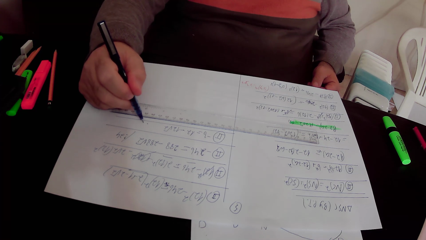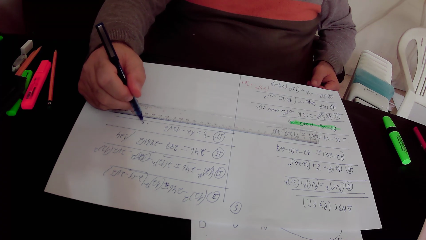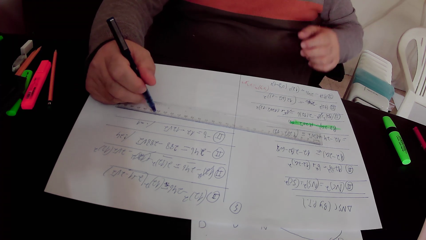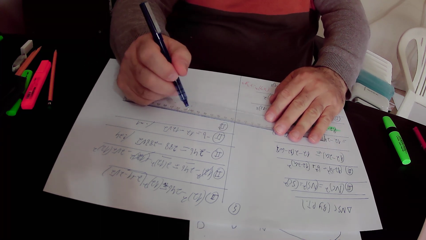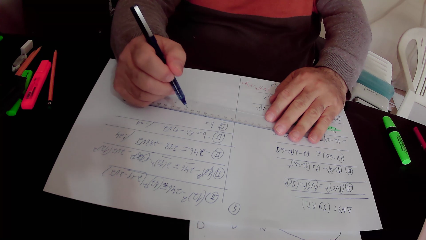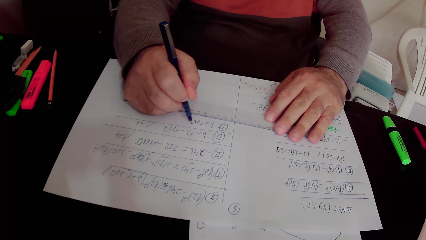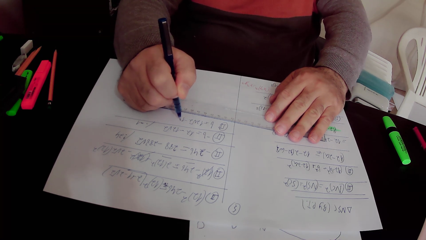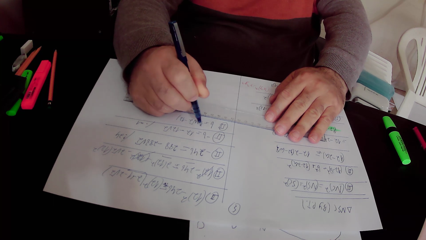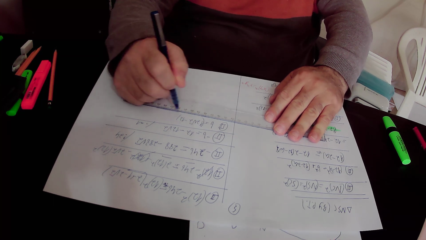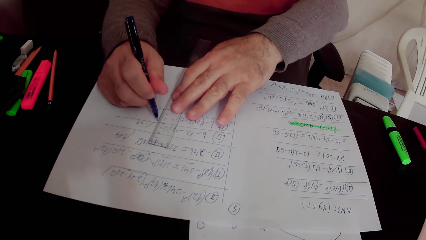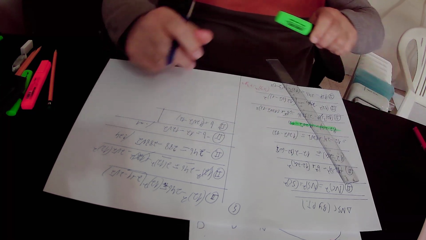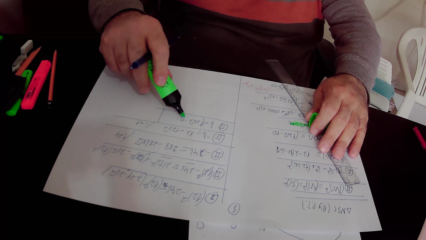Here we multiply equation number 2 by minus 1, and we get that b equals 12 times square root of 2 minus 12. So we found out the value of b, that is the radius of the semicircle.